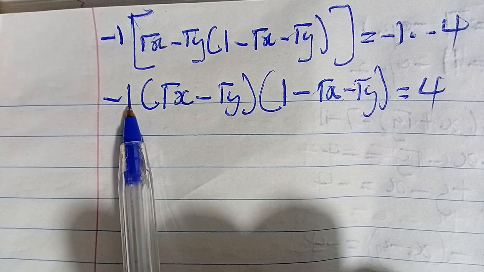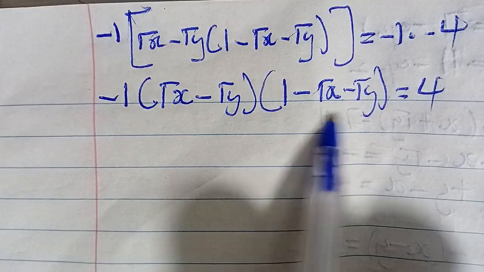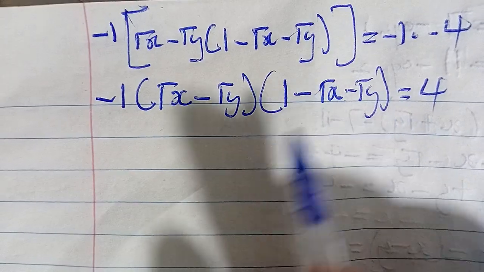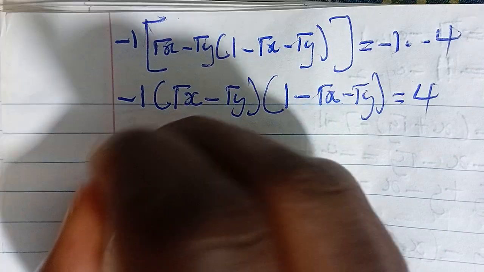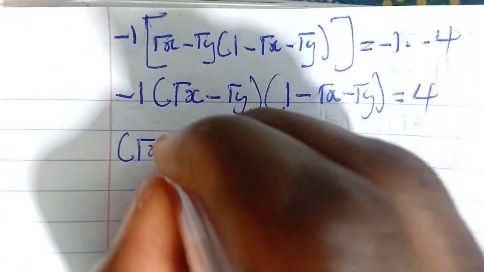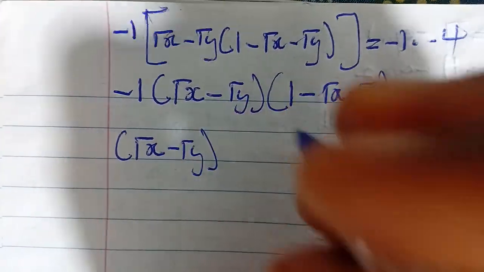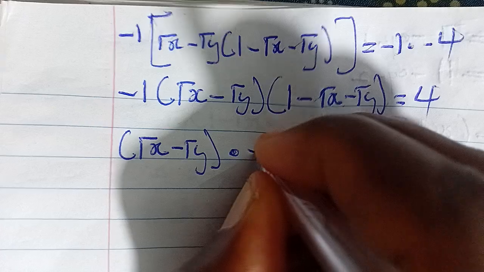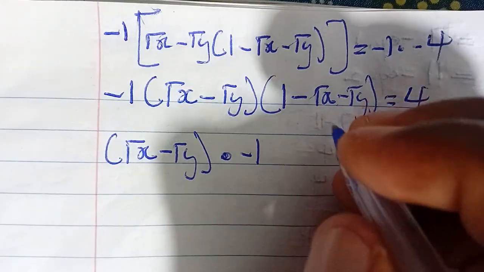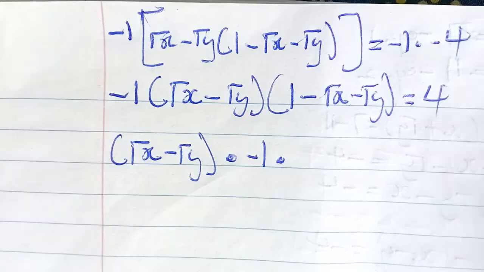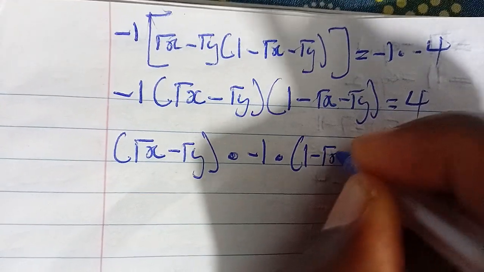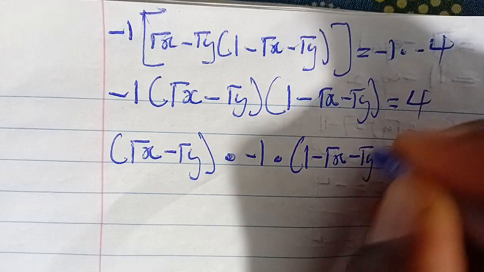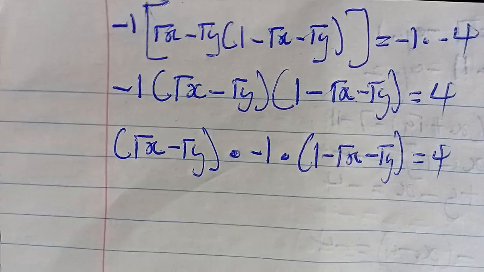So I can still rewrite this expression in another form. I can bring the minus 1 into the middle. So I can write root x minus root y, multiplying minus 1, and then multiplying 1 minus root x minus root y is equal to 4.